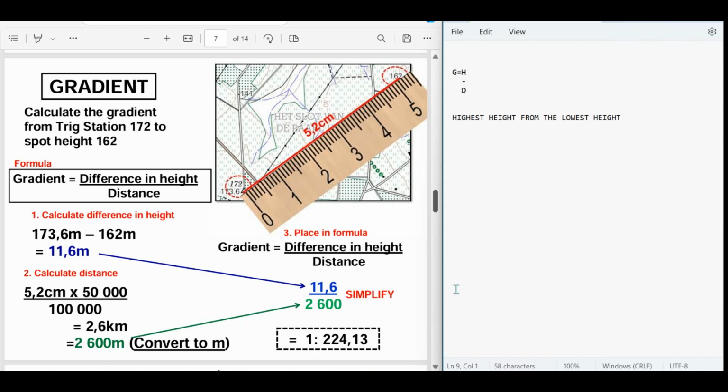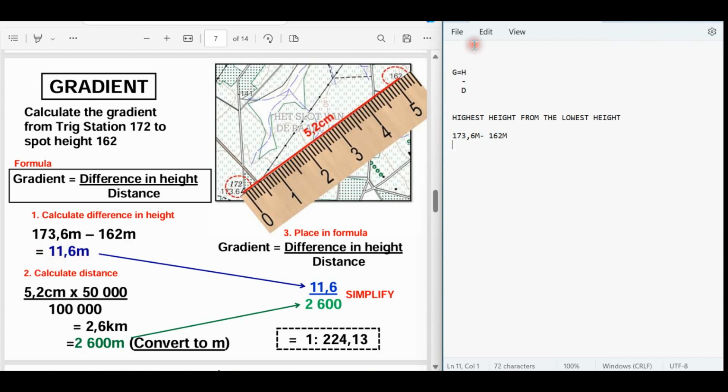Now how do we do that? We are going to say 173.6 meters, because spot heights are always measured in meters, and we subtract the 162 meters, and we have 11.6 meters.